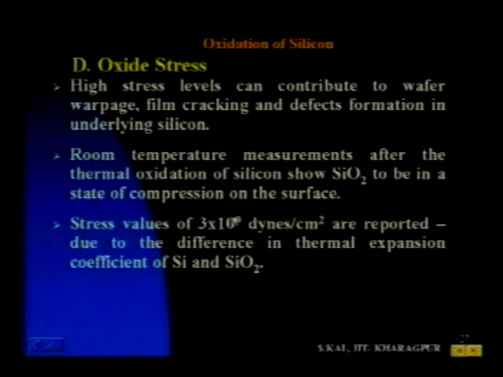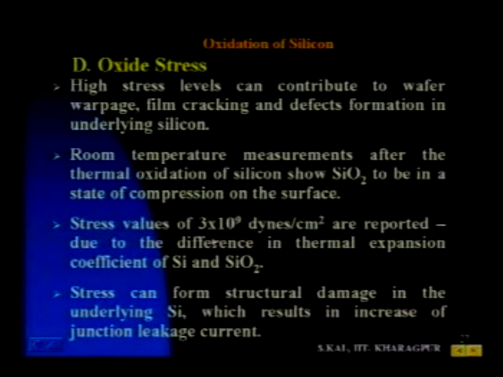Stress values of 3 × 10^9 dynes per centimeter square are reported due to the difference in thermal expansion coefficient of silicon and silicon dioxide. This is the stress value, and that stress is compressive stress. Stress can form structural damage in the underlying silicon, which results in an increase of junction leakage current.